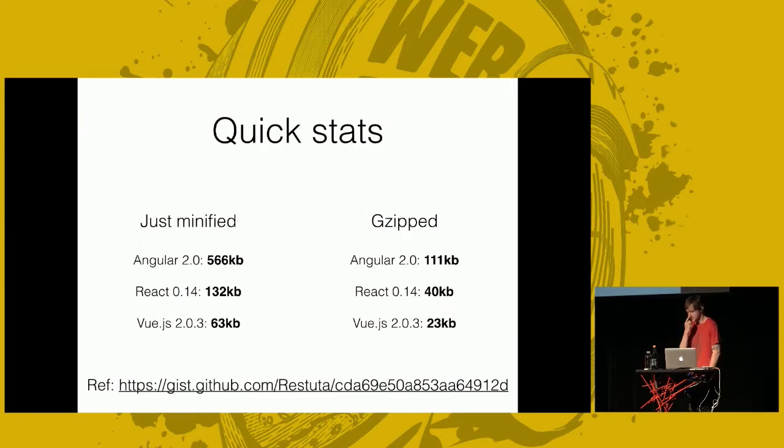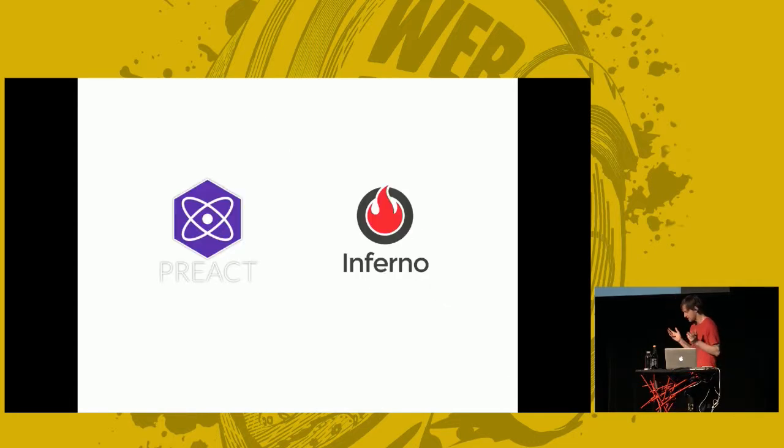Another thing, quick stats, is that Angular and React are quite a bit bigger than Vue, Angular in particular, which is pretty important when you're trying to keep your application small. And for our part, we want to keep our application small, so the load time on mobile and such would be less. But maybe you don't want to compare them to Angular and React, since they're seen as much bigger, stable frameworks now.